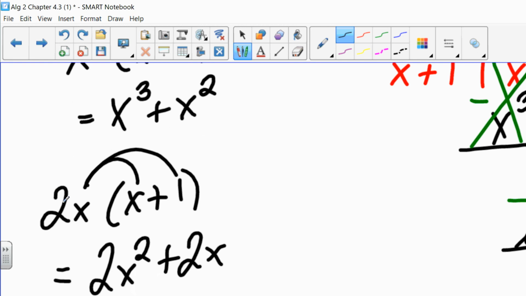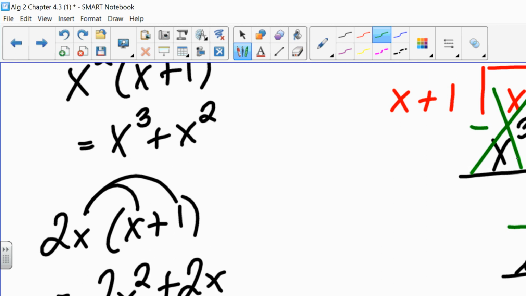So we'll have 1 times x plus 1, which is x plus 1. So it's up top. So we'll subtract this here. X minus x is 0. 1 minus 1 is 0. So the remainder for this is 0.